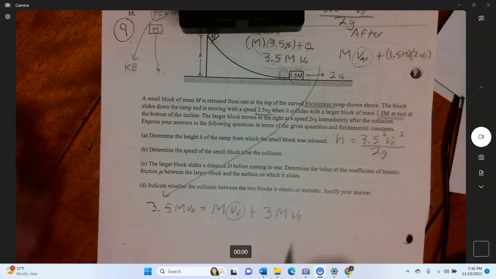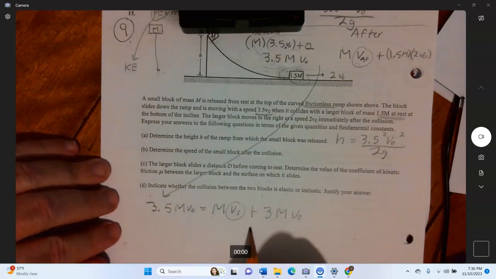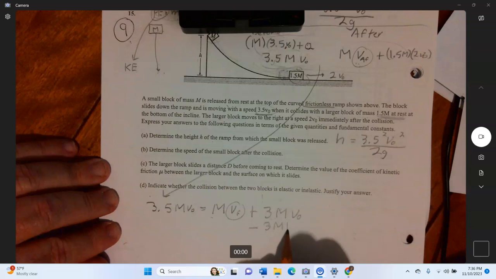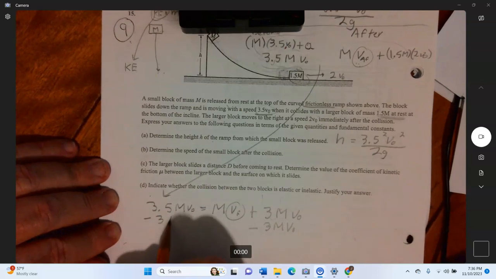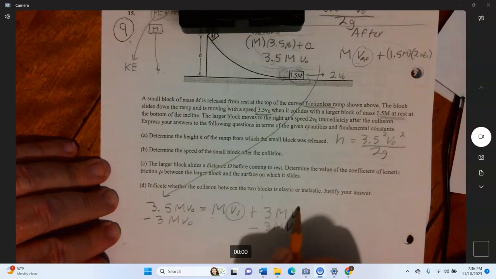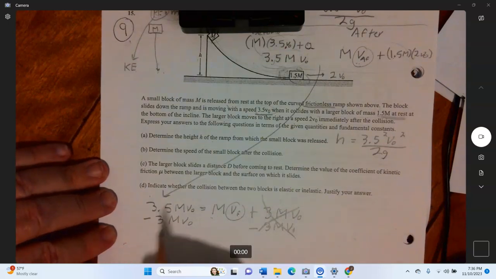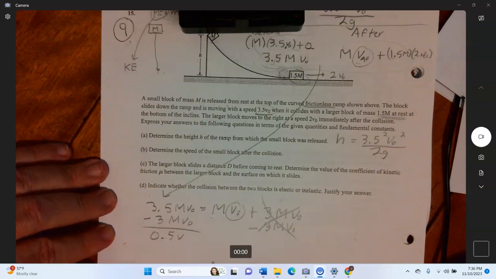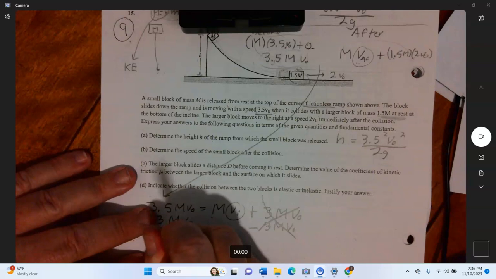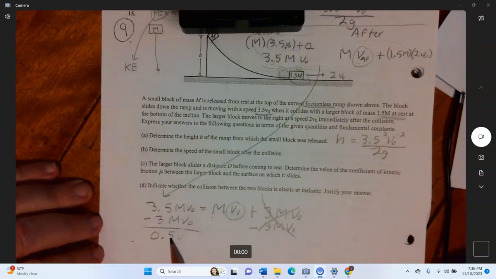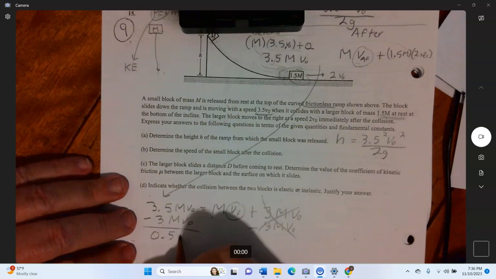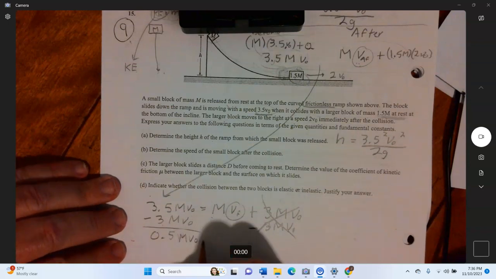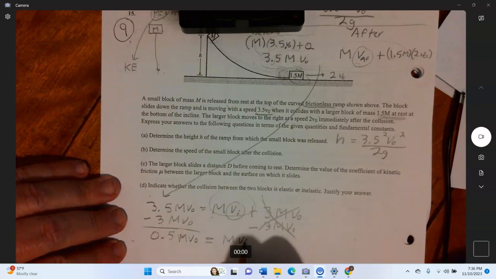M VO. Okay. Now we're solving for this, so I'm going to subtract this from both sides. This goes away, and this becomes 3.5 minus 3 is 0.5 VO. Excuse me, M VO. I forgot that M right there. It's 3.5 minus 3 is 0.5 M VO. That equals M VF, what we're looking for.